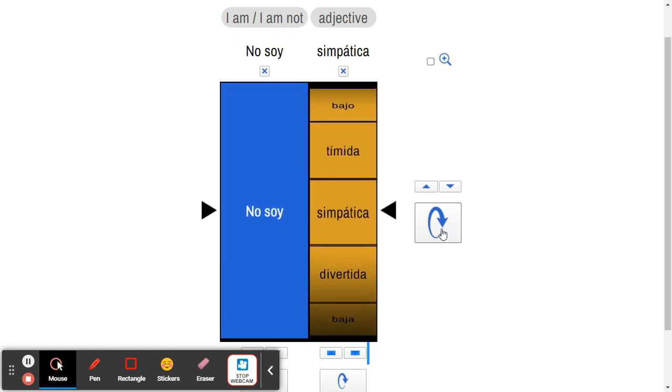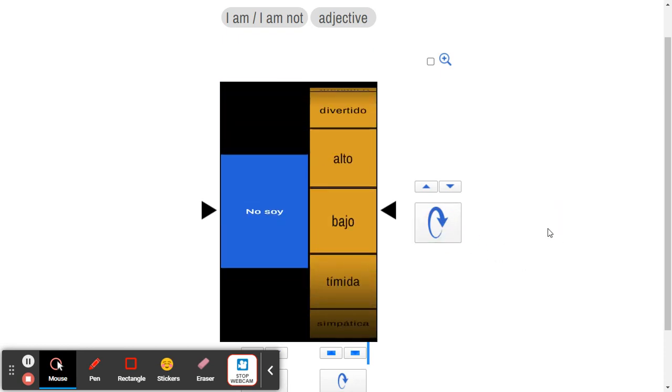No soy simpática. So what does no soy simpática mean? That's right, so I am not kind or I am not nice. And is that one masculine or feminine? That's right, we've got another feminine one because it says simpática with an A on the end. Next one.